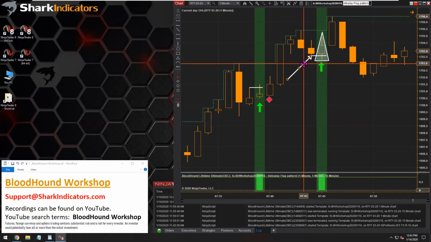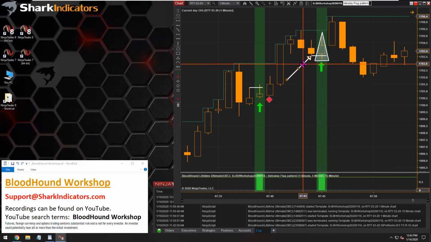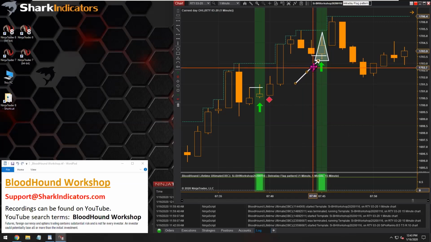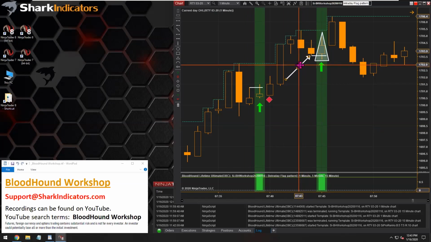We can detect if the signal bar breaks the previous bar's low. And after seeing how these signals work out, we don't actually need to take this low and extend it forward in time.